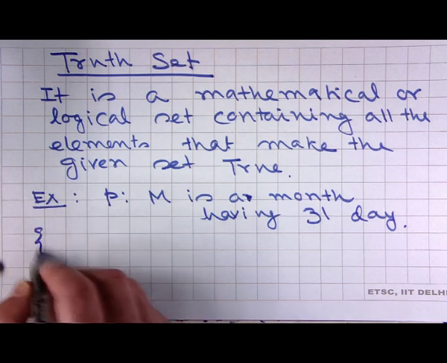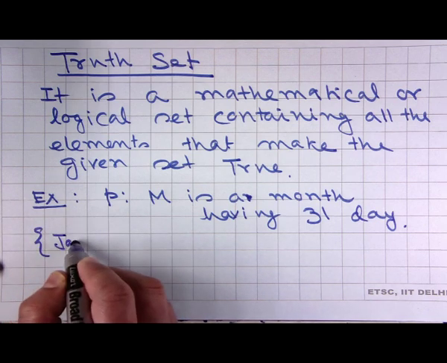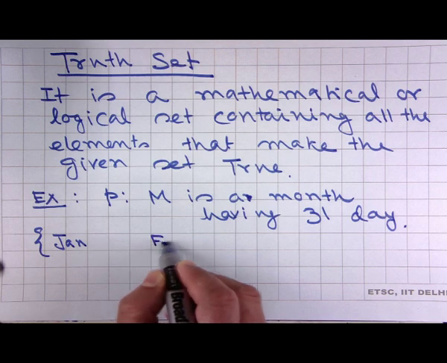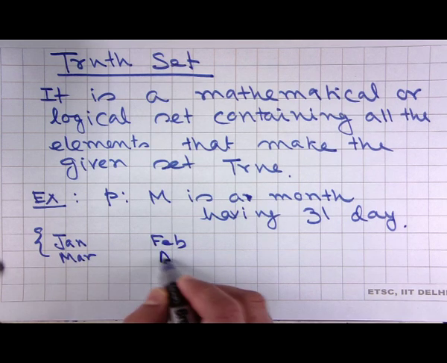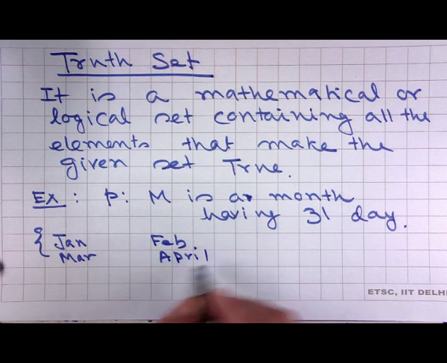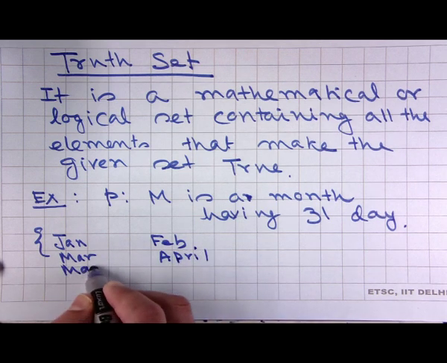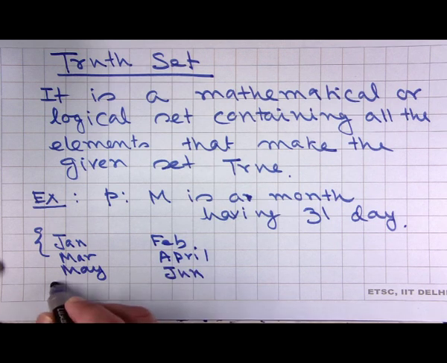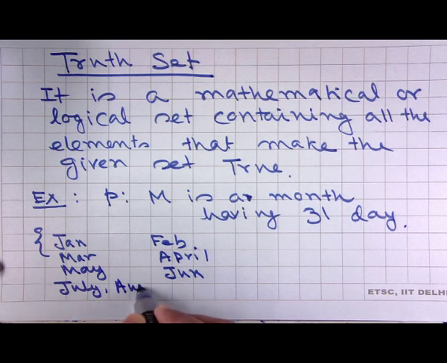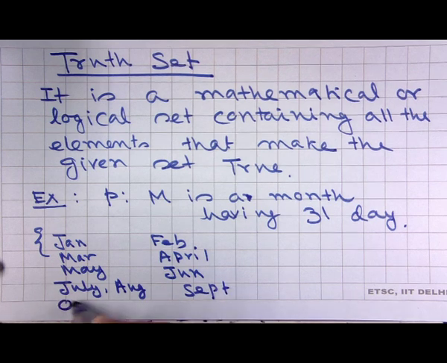We know that there are 12 months: January, February, March, April, May, June, July, August, September, October, November and December.